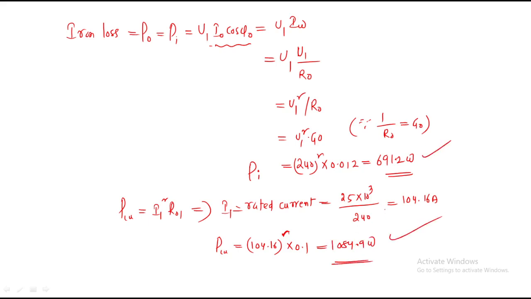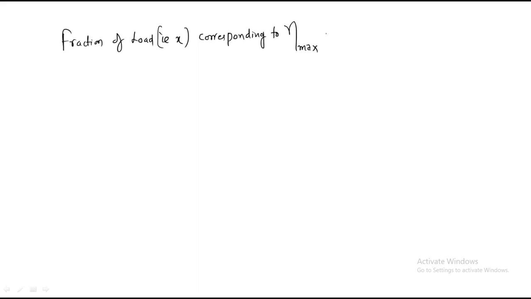Then we have to calculate the fraction of load X. The fraction of load corresponding to maximum efficiency is equal to, what is the formula? Square root of Pi by PCU, right? What is the answer? Pi is nothing but 691.2 by PCU, which is what?